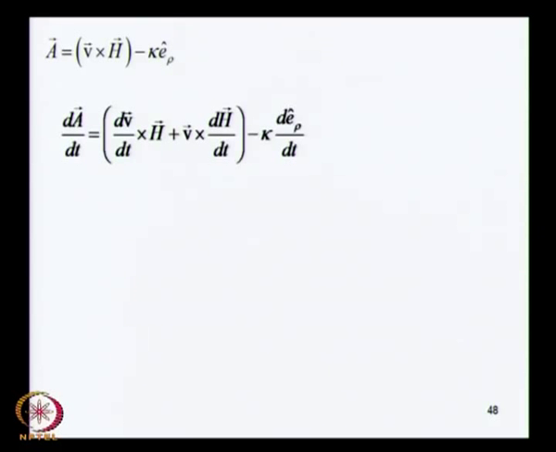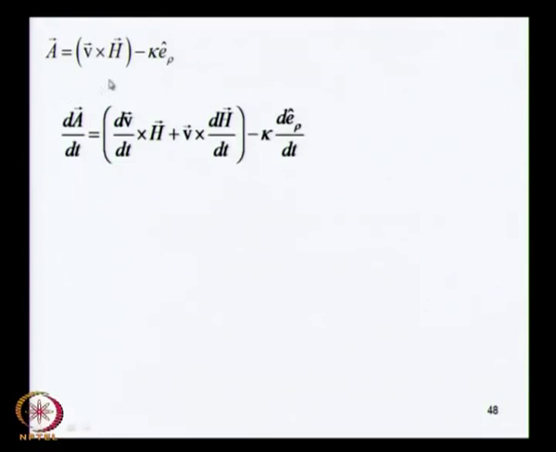Now, let us have a look at the time derivative. We already know it is a conserved quantity, so its time derivative must vanish, but let us confirm that its time derivative actually vanishes, because we had not done that. We got the conserved quantity by playing with the equation of motion. Now, we reassure ourselves that its time derivative vanishes.